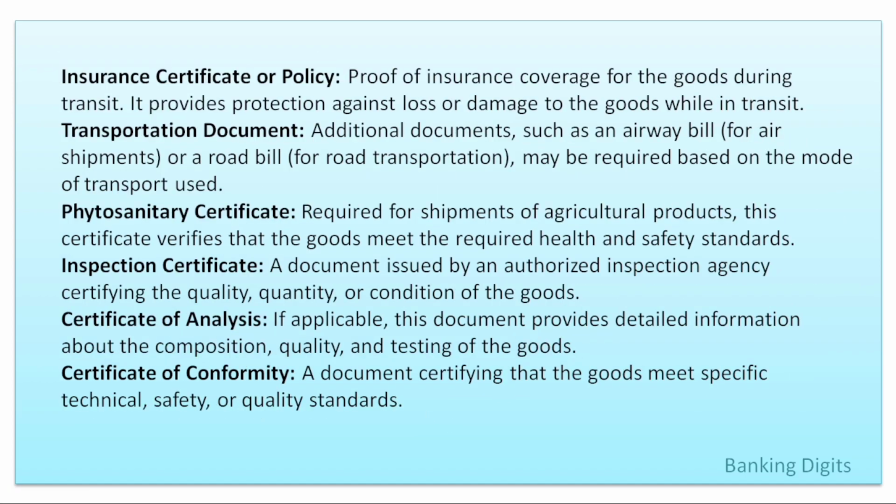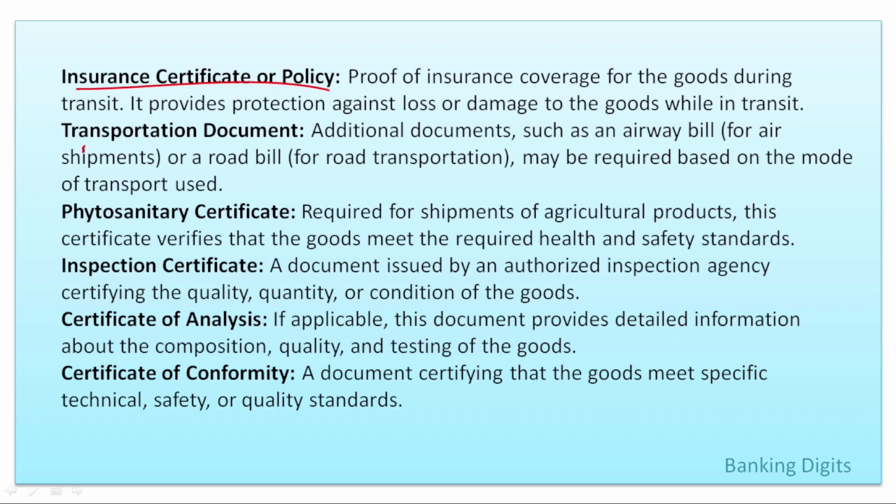Next is insurance certificate or policy. It is proof of insurance coverage for the goods during transit. It provides protection against loss or damage to the goods while in transit.